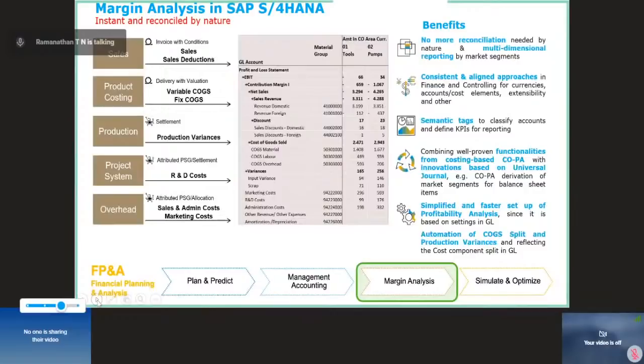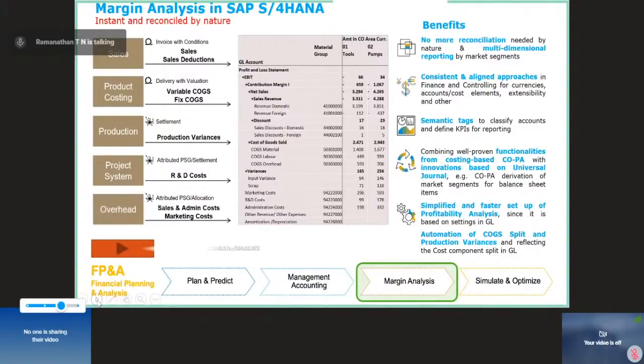So typically SAP has provided some sort of business add-ins or value additions or innovations on these split of components into material, labor, attributable overheads for two things. One is the production variances and the COGS split. So this has enabled this single source of truth and at the same time drilling down and extending to this controlling profitability, which is marginal.